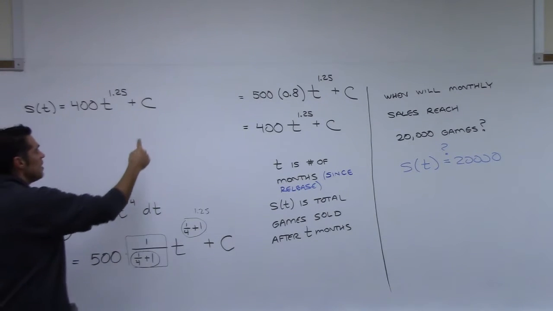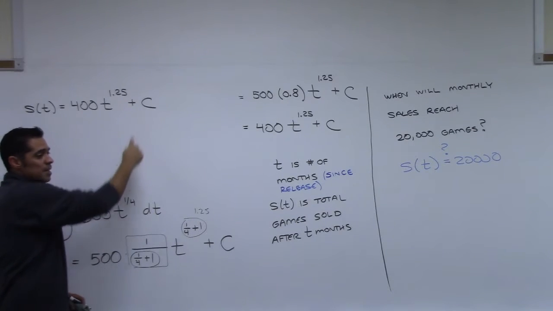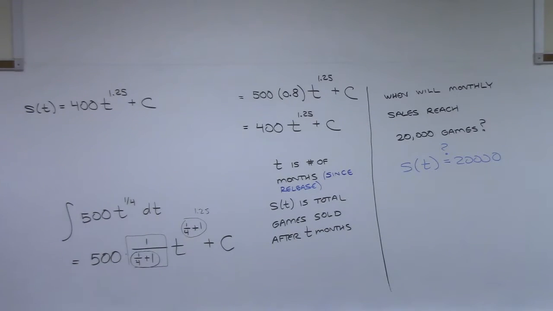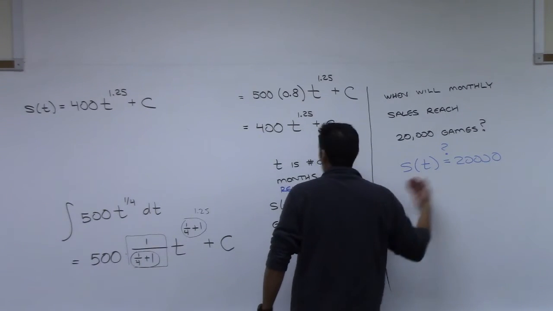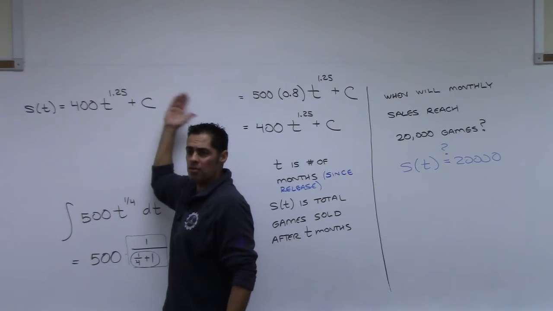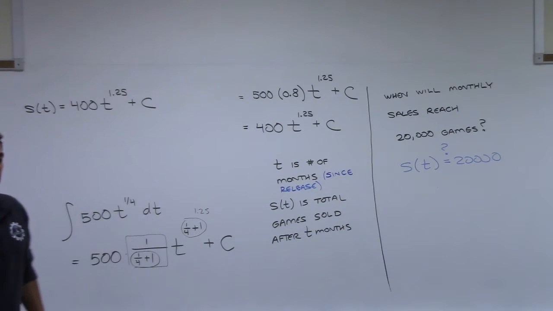We already know from the previous examples that we're off by a bunch because we don't know what c is, right? What we want to know is when this is 20,000. I'd like to know when this is equal to 20,000. But the problem is I don't know what c is. So this is kind of the stretch here. How are you going to figure out what c is?